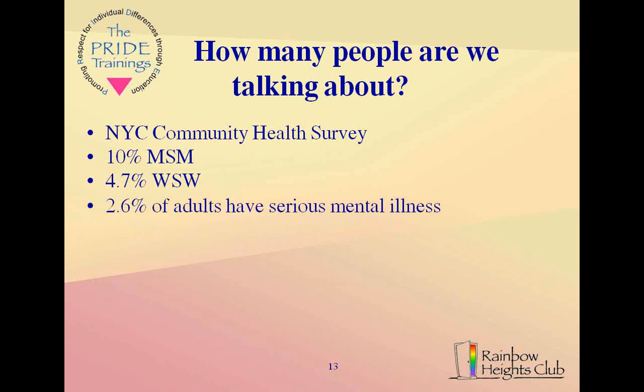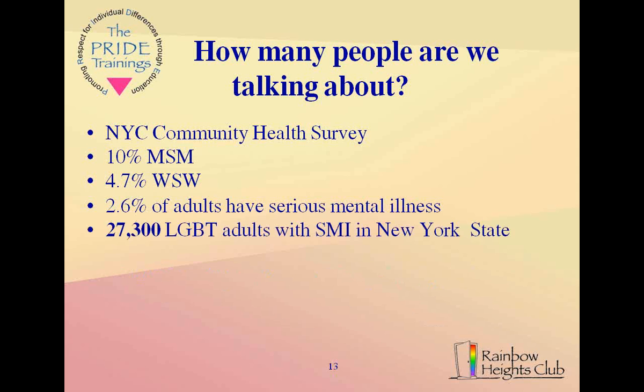Now, the U.S. Surgeon General says that about 2.6% of adults right now are experiencing a serious mental illness. So I did some math. About 27,300 LGBT adults in New York State are living with serious mental illness right now, and in New York City, about 11,000.